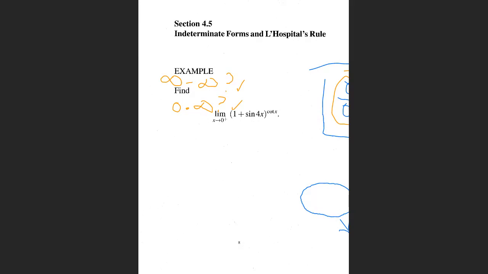And if we're doing it from the right, that's going to be like 1 over 0, and that's infinity. So in this case, your indeterminate form is 1 to the infinity power. That's another indeterminate form.